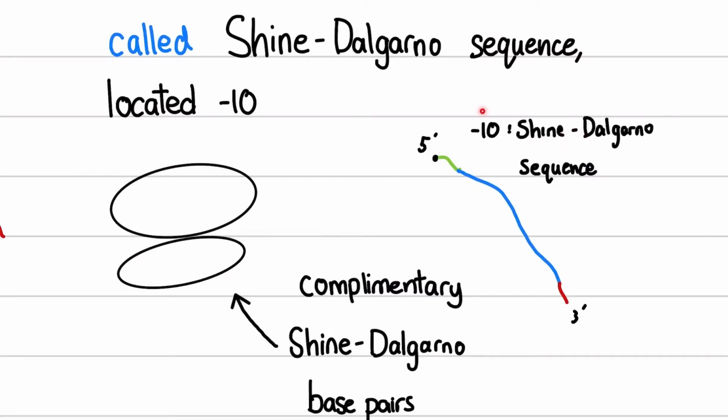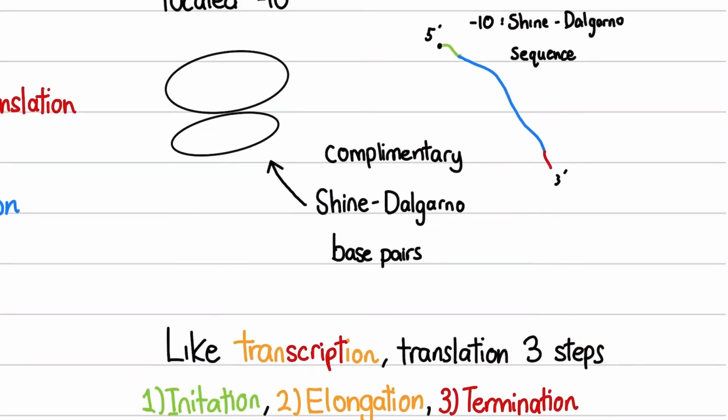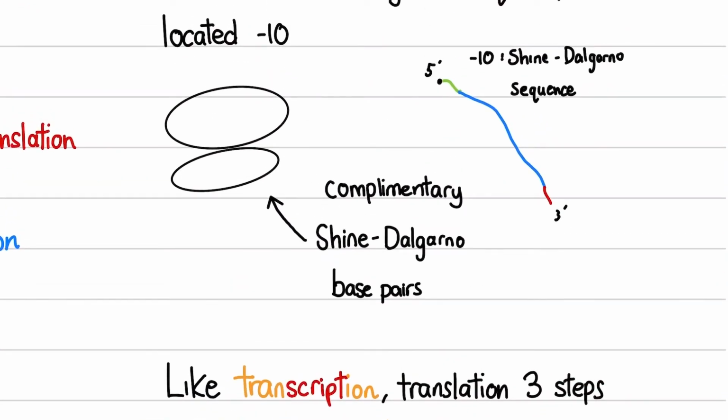Its complementary base pairs are found on the small ribosome. So this allows the attachment of the ribosome to the mRNA, and this will initiate the process of translation.